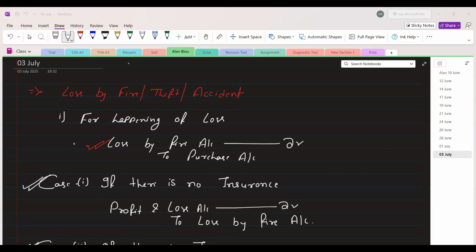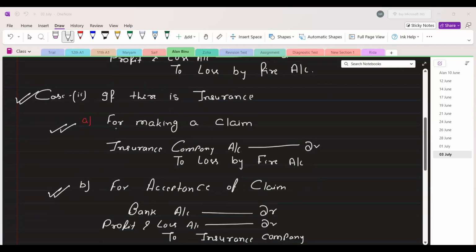Sir, can we go down? Sir, so here for making a claim, does it mean that they are paying the full claim?